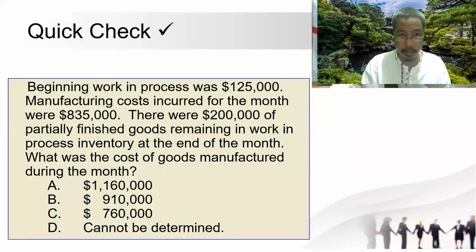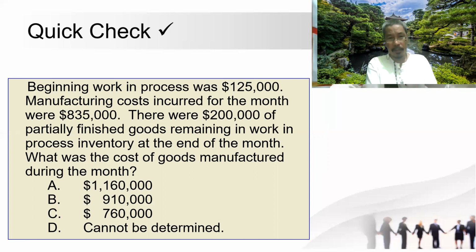So let us continue our example. Beginning work in process was 125. Work in process, that is the next step. Manufacturing cost incurred for the month 835. There were 200 of partially finished goods remaining in work in process inventory at the end of the month. So what was the cost of goods manufactured?